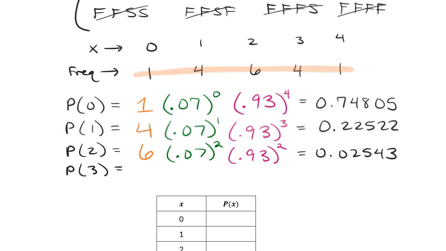If I was doing the probability that I find 3 people with O negative, what is the frequency number? 4. Successes raised to what power? 3. And failure raised to what power? 1. If we throw that in a calculator, we would get 0.00128.